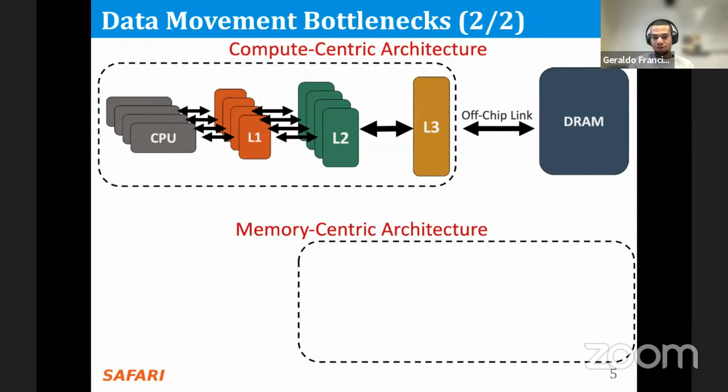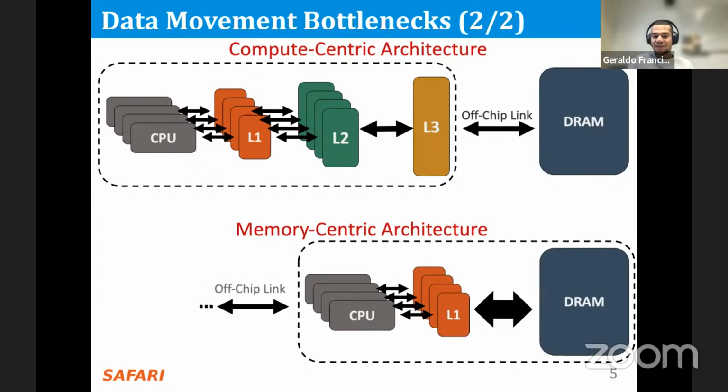However, such approaches cannot fully mitigate data movement bottlenecks in a particular application. An alternative solution is to use memory-centric architectures. In memory-centric architectures, or near data processing architectures, the system moves computing elements inside or nearby the memory subsystem.